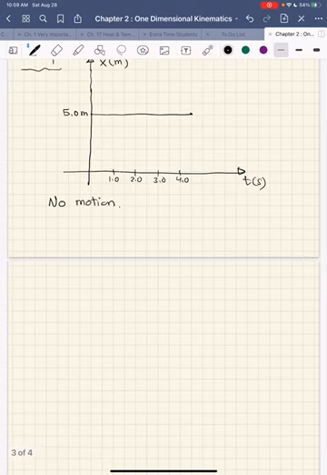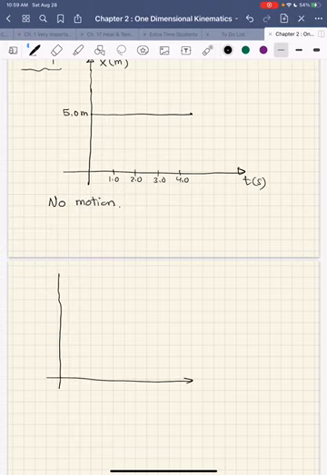But also, I might have something like this, where I'm gonna have X on the Y and T here, and I might have something like this or like this.